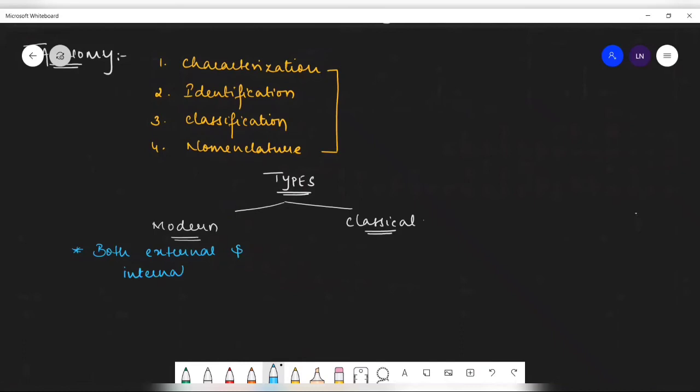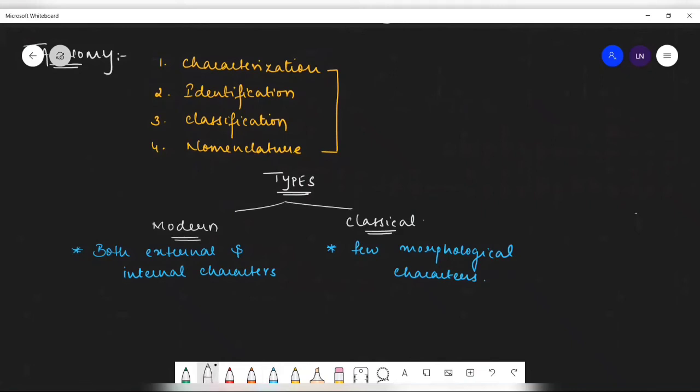Whereas classical taxonomy uses few morphological characters.